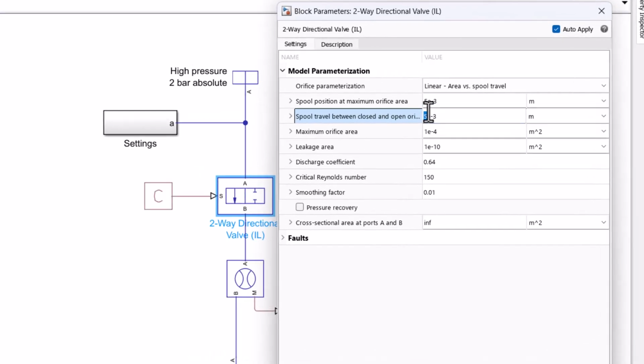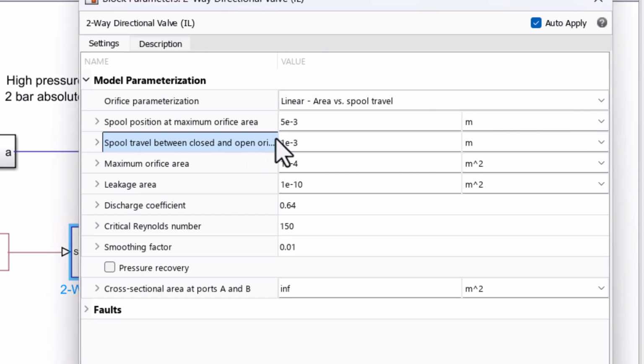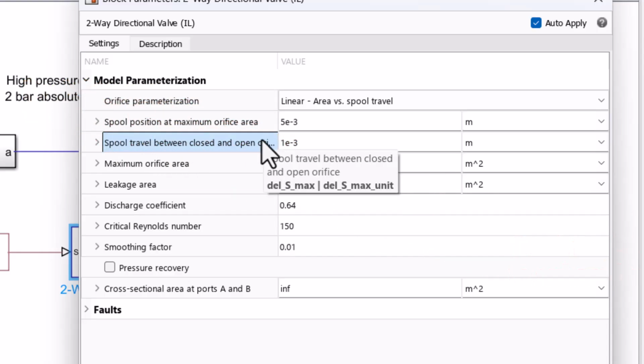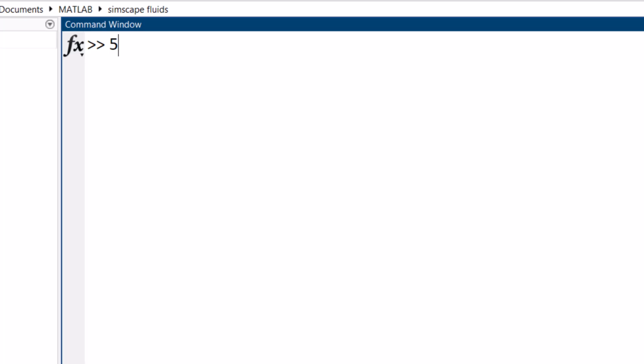But if I set it equal to 1e negative 3, since it is the spool travel between closed and open orifice, then we expect the valve to be fully closed at 4e negative 3 value. So this is the easy calculation. 5e negative 3 minus 1e negative 3 is this, which is 4e negative 3.